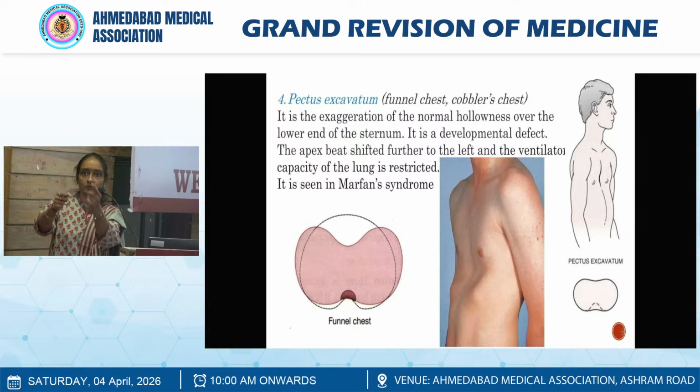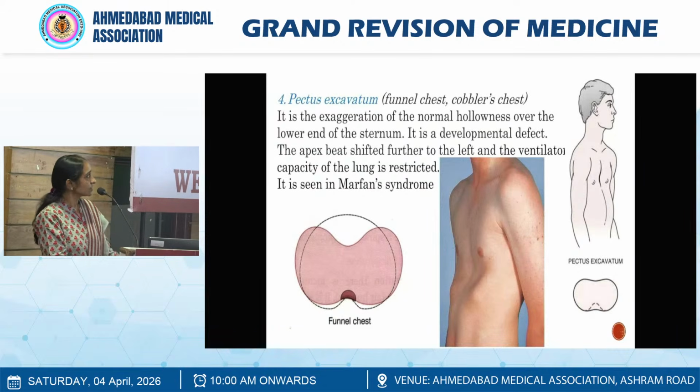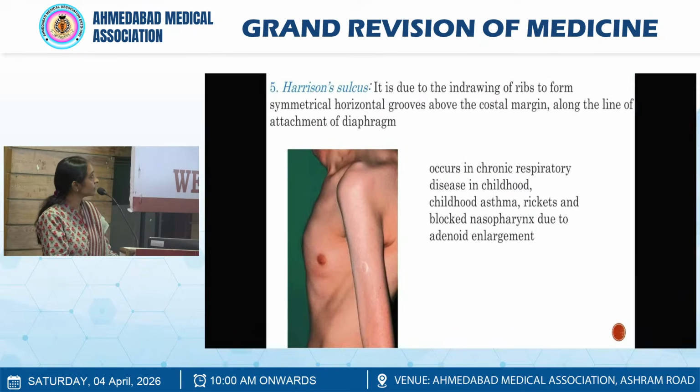A cobbler sits with the work pressing on the chest, and if he is doing it since long, the lower part of the sternum is depressed, hence the name cobbler's chest. It is an exaggeration of the normal hollowness over the lower end of the sternum. It's a developmental defect. The apex beat is shifted further to the left and ventilatory capacity is restricted. It is seen in Marfan's syndrome.